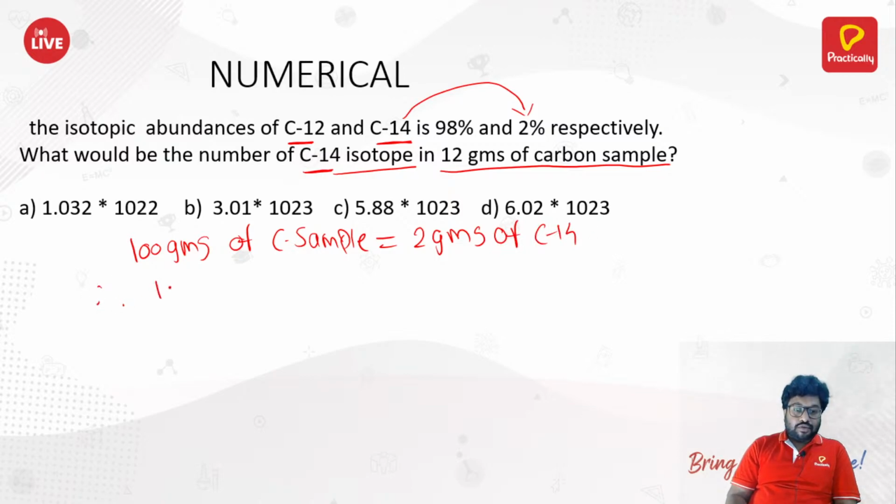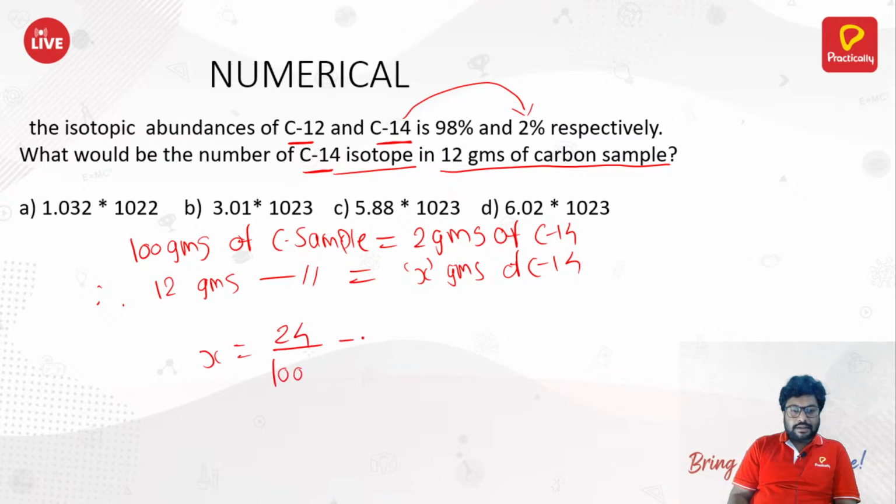Therefore, 12 grams of carbon sample will have how much? X grams of C14. Again, cross multiplication, 12 into 2, 24. X is equal to 24 divided by 100, which is 0.24 grams.